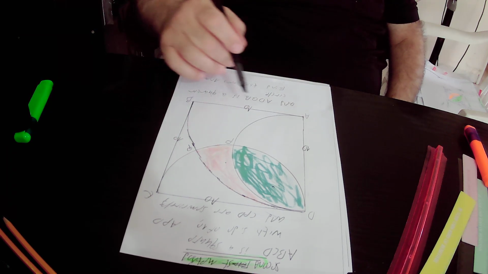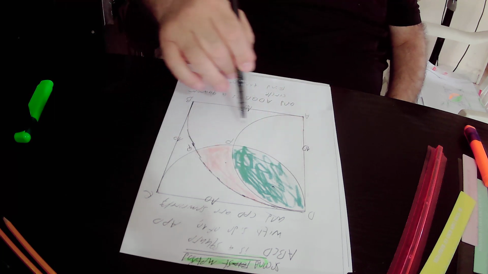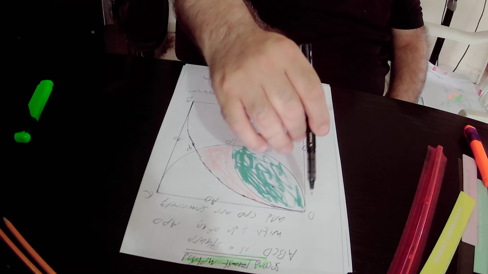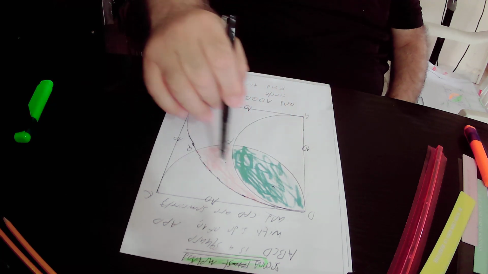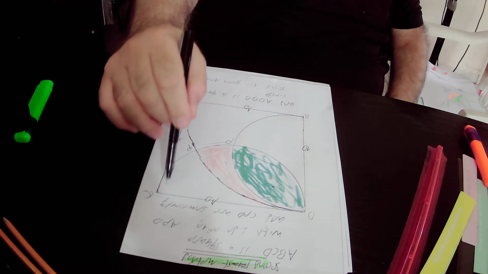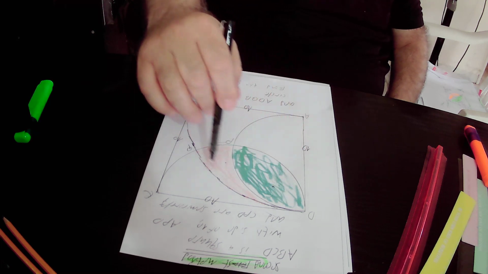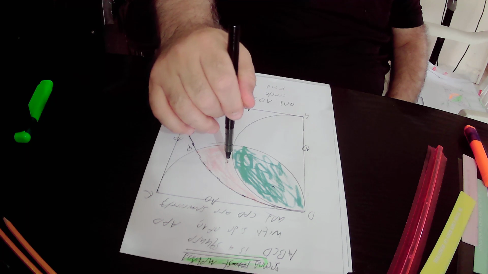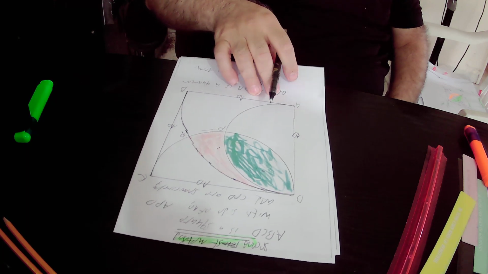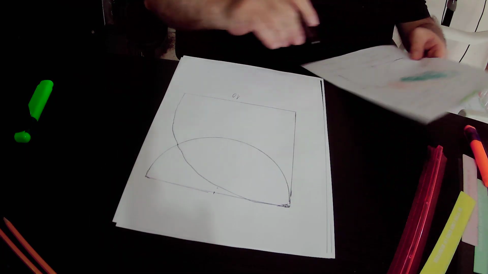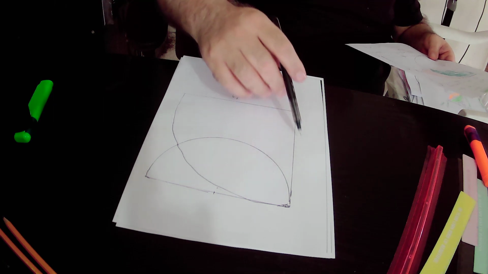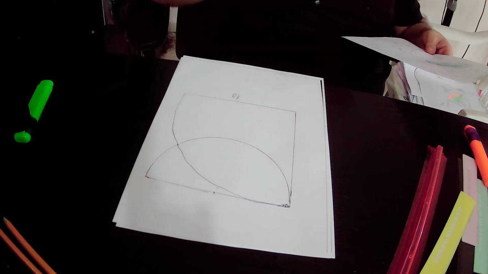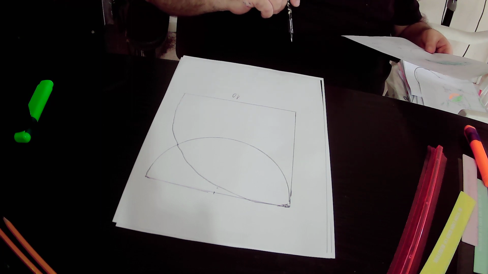It is very easy to see from the drawing that the big lens was created by the intersection of the quarter circle with this semicircle. The intersection of this quarter circle with this semicircle created the big lens.